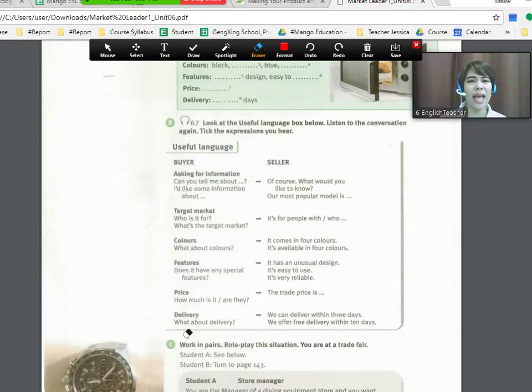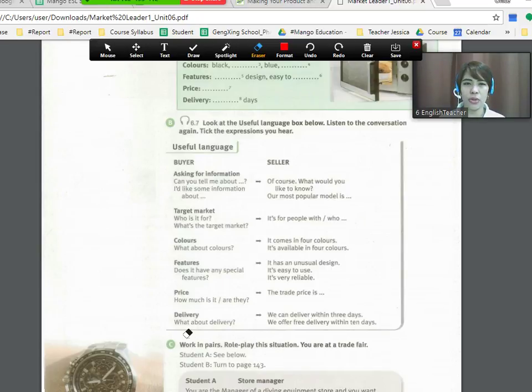Of course, when we ask the question, there are corresponding answers. Now let's try to read and study them. Okay, so first, the question was, can you tell me about, or I'd like some information about? Student A, what do you think are the answers for these possible questions?